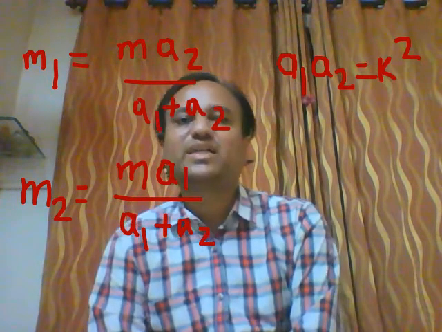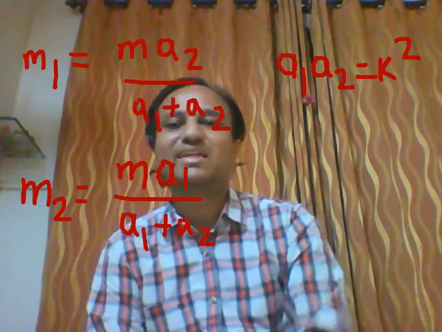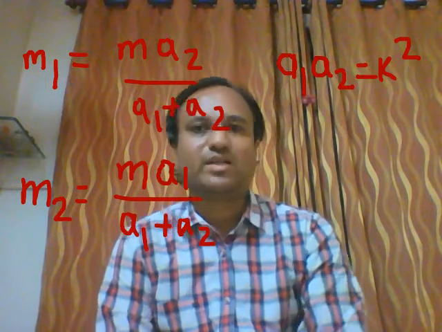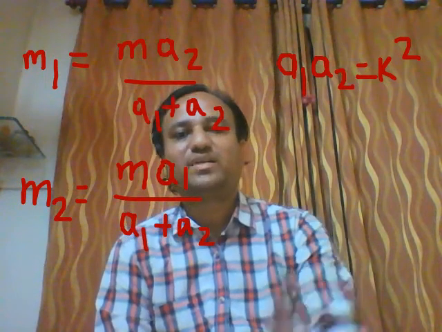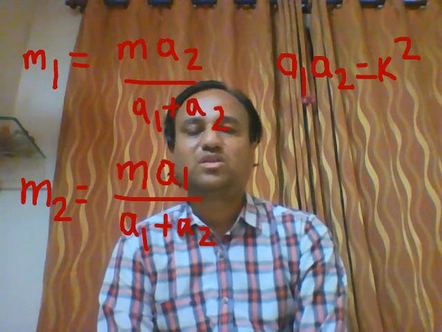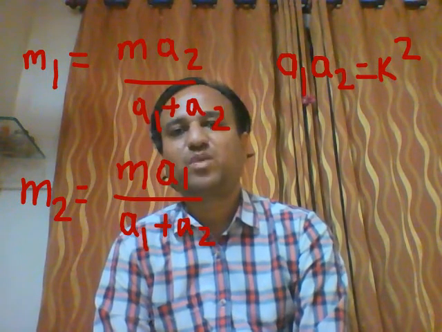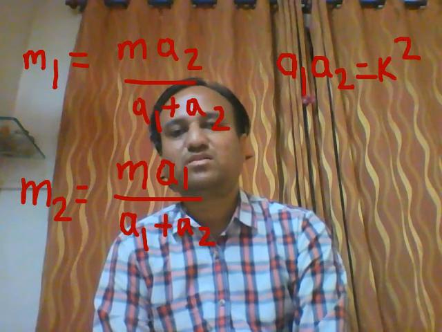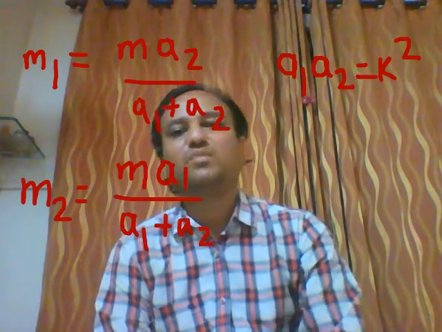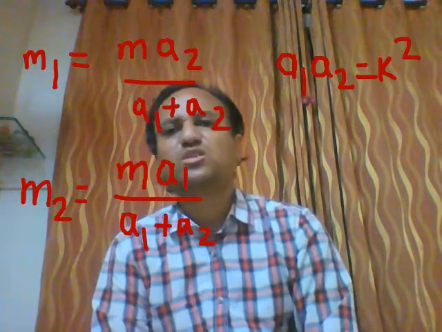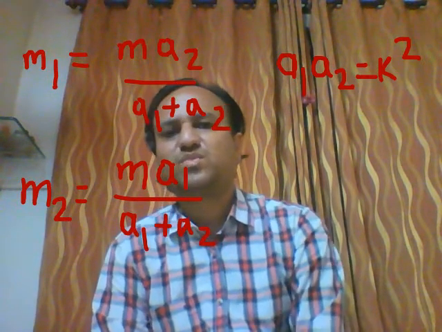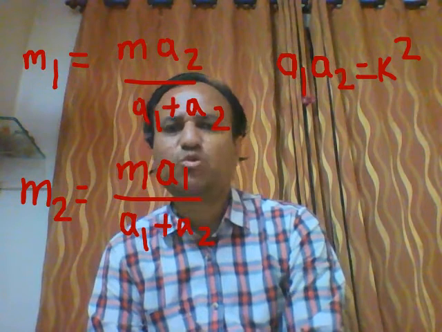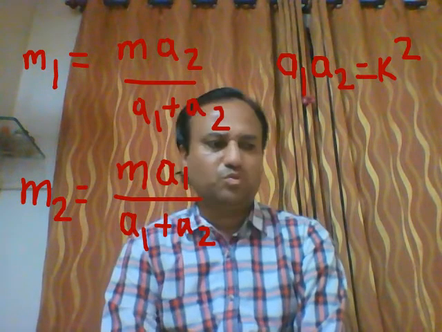So from the first three conditions, these three equations you are getting. So either calculation of M1, M2 or K. Generally in the problem it is mentioned, convert the given system into a dynamically equivalent system. So you must calculate the magnitude of the point masses, that is M1 and M2.